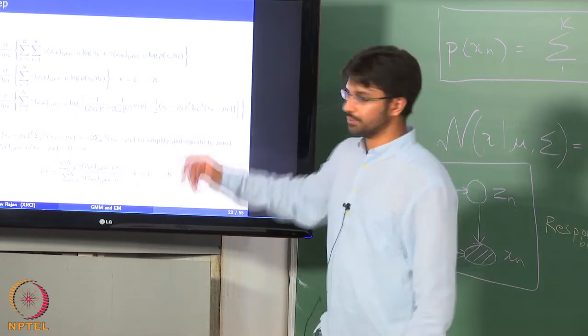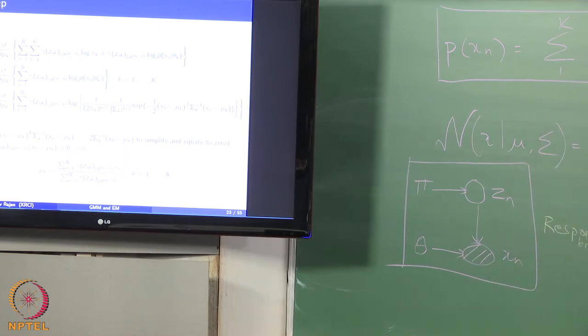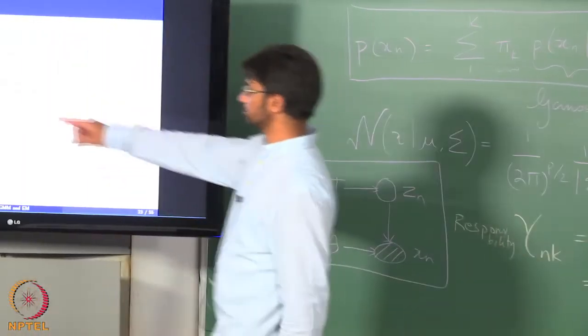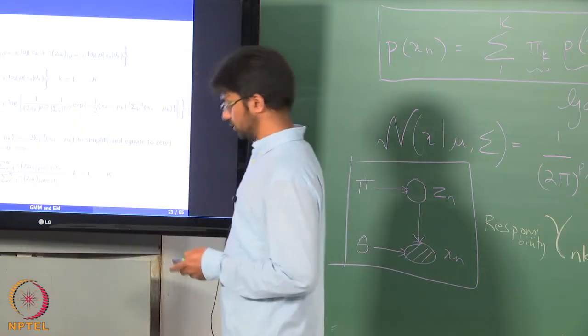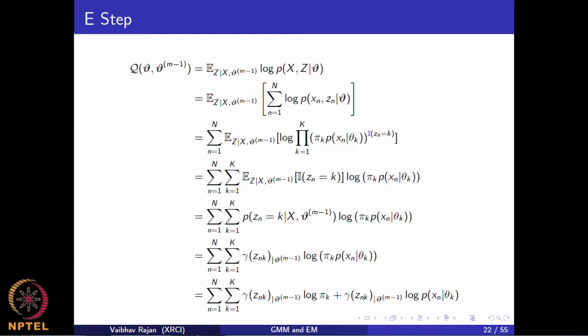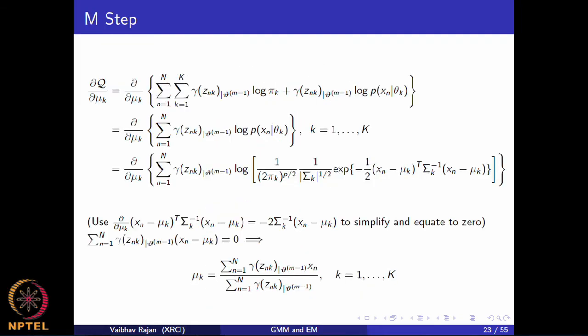Now the M step is just this, which is we differentiate with respect to each of the parameters. So you have the Q function, right, and this is the same Q function here.